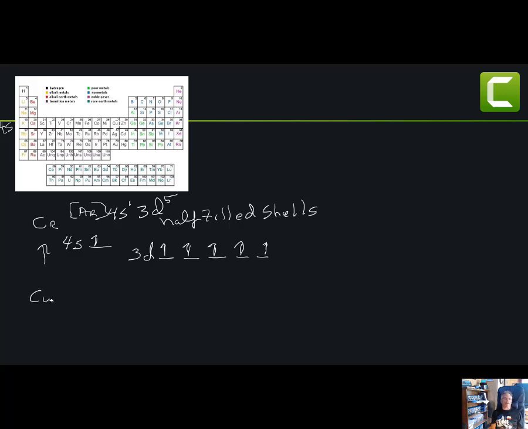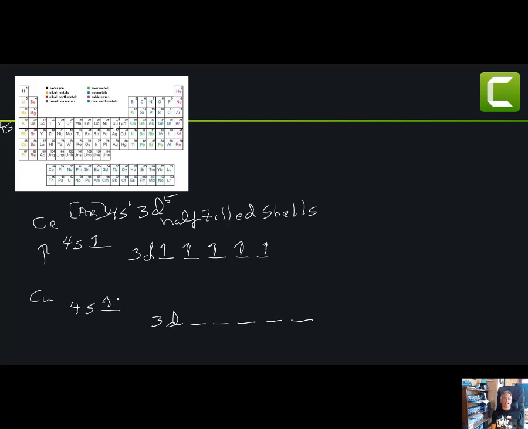All right, something similar is going to happen with copper. So here's copper, and I can do the same thing with copper that I did with chromium. I've got a 4s orbital here. I've got 3d orbitals that are down here at a lower energy level.